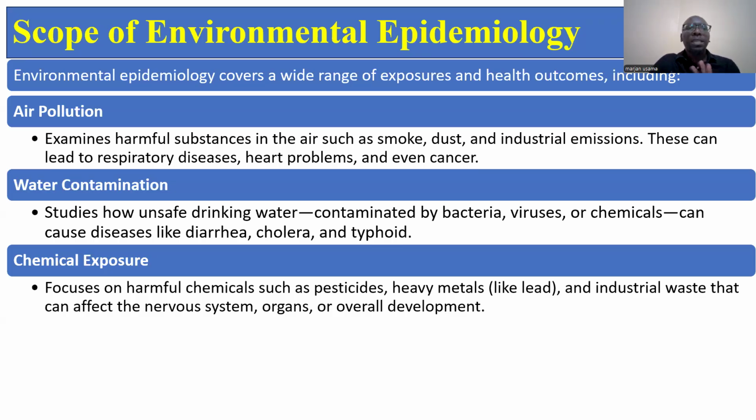So environmental epidemiology covers a wide range of exposures and health outcomes, including, number one, air pollution. It examines harmful substances in the air, such as smoke, dust, and industrial emissions, because these can lead to respiratory diseases, heart problems, and sometimes even cancer.